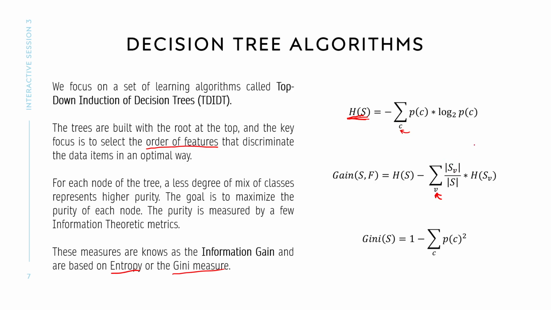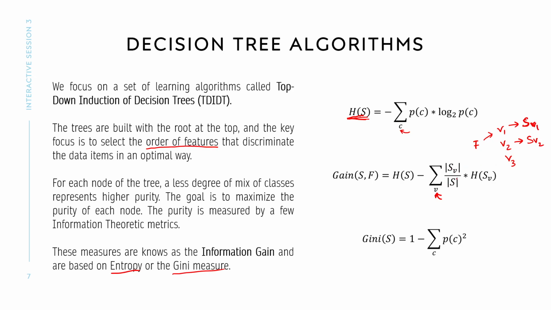So I have a feature F, and it has some particular values: V1, V2, V3, and SV is the subset. If I take V1, this will be SV1, right? So how many instances in S have value V1, and how many instances have value V2? This is SV.